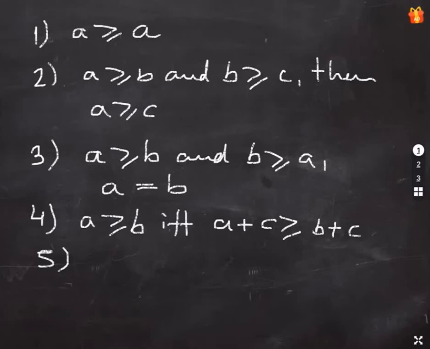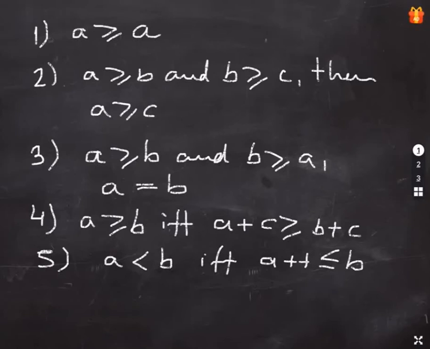The fifth one is that a is strictly smaller than b, or b is strictly larger than a, if and only if a++ is smaller or equal to b.